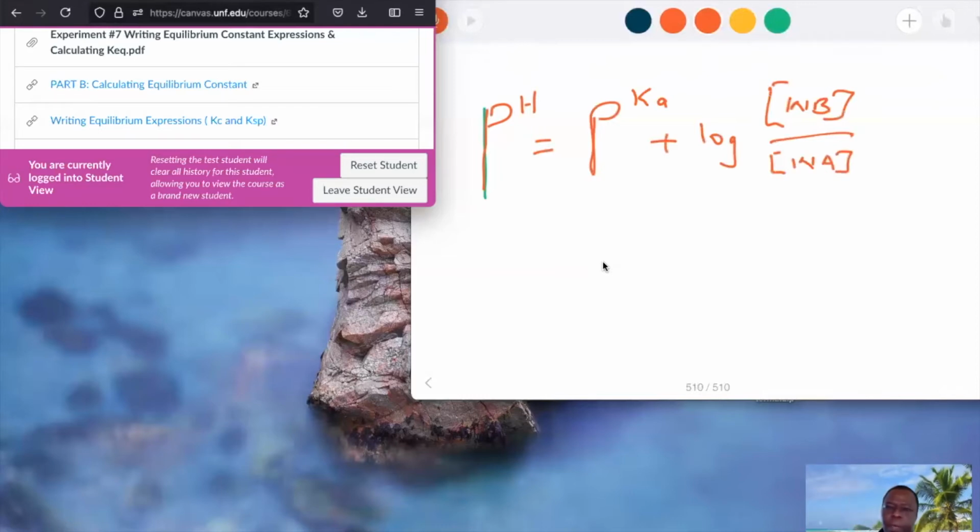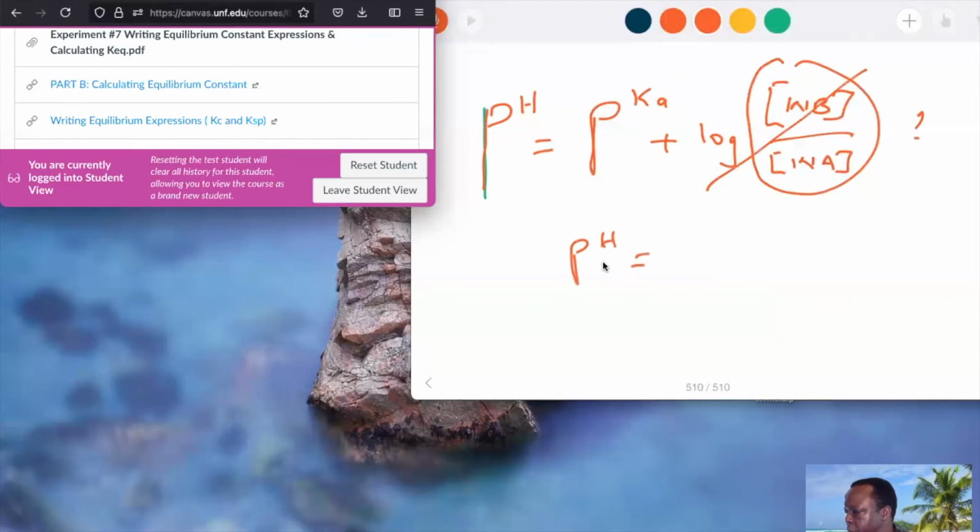Now, if we can adjust the concentration of the weak acid and weak base in such a way that the ratio is 1, log of 1 is 0. So we make that 0. If this is 0, this means pH equals pKa.